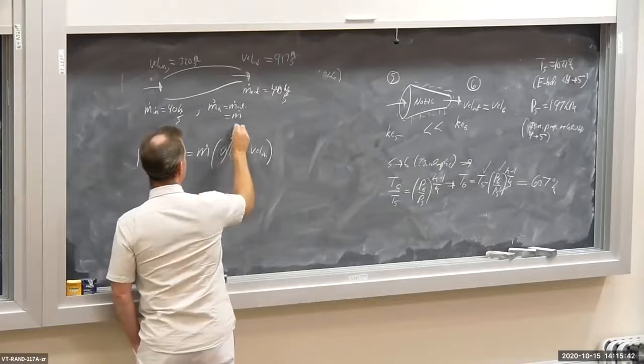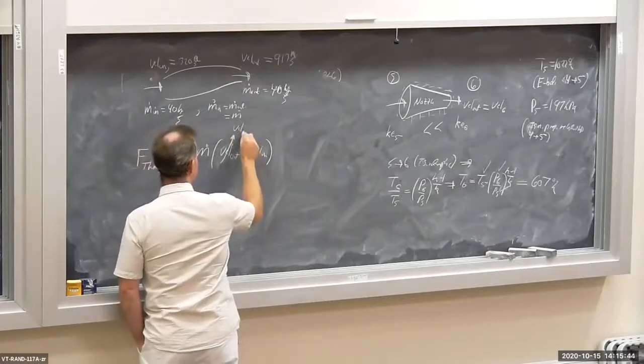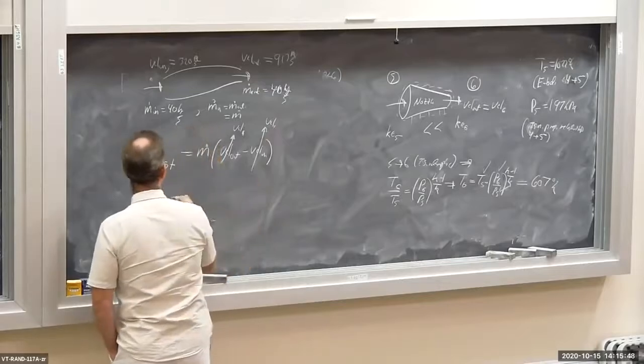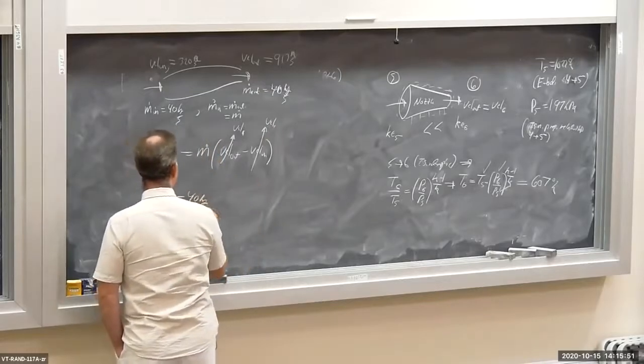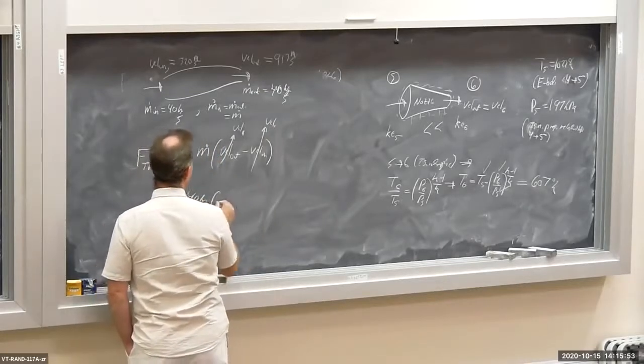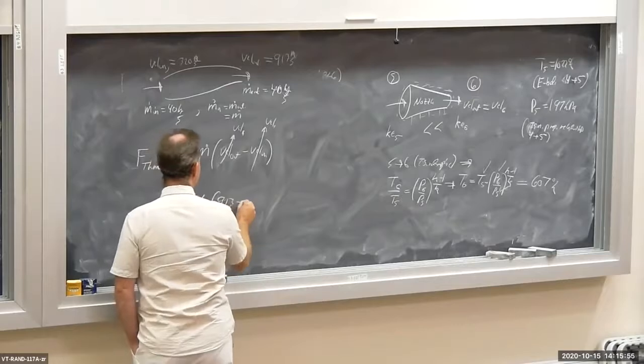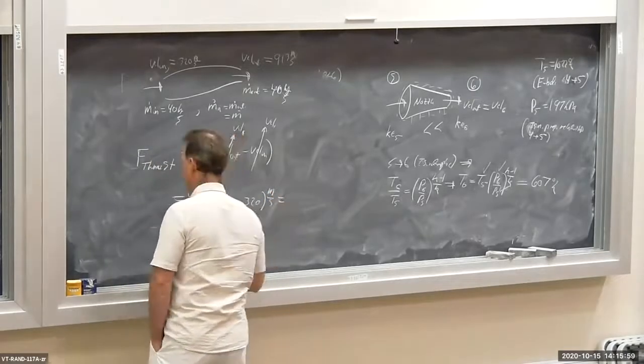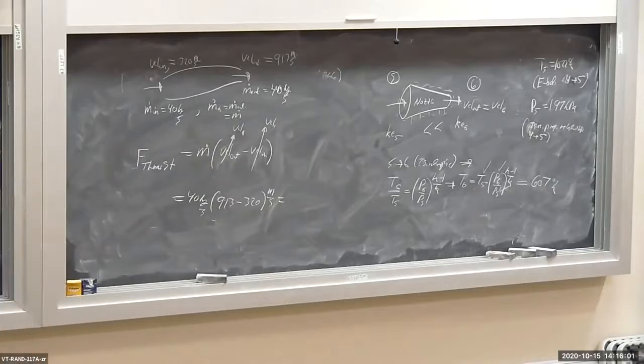VEL out, of course, is velocity 6, and velocity in is VEL1. So I get 40 kilograms per second times 913 minus 320 meters per second.